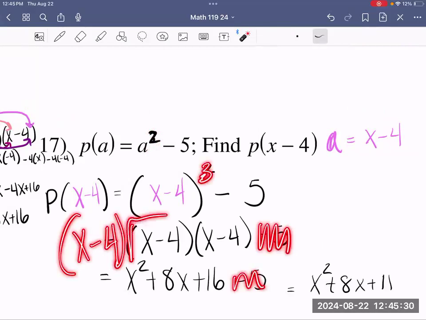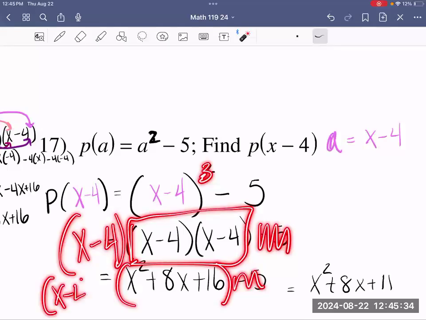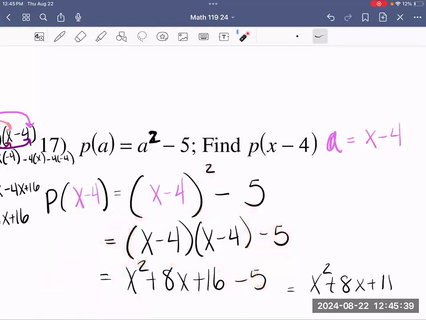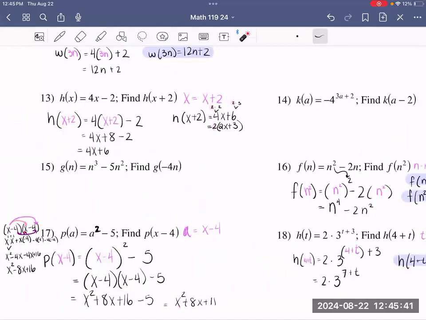And we already did the foiling of the first 2. So then if you wanted, you can FOIL it again one more time and then combine your like terms. Again, that is your response. So P of A is equal to x squared plus 8x plus 11.